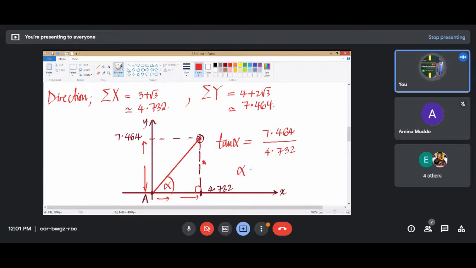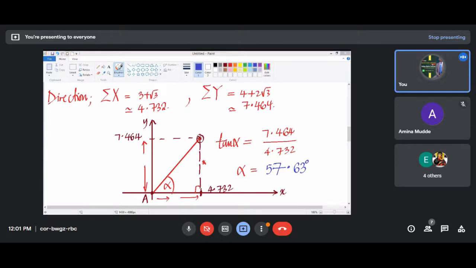So what is that angle to two decimal places? Has someone computed it? I see 57.63 degrees.